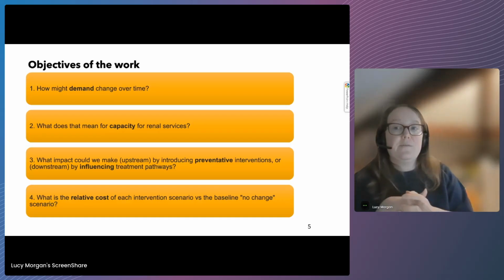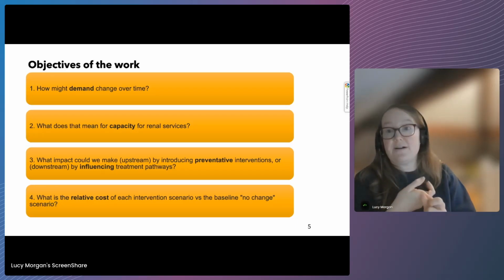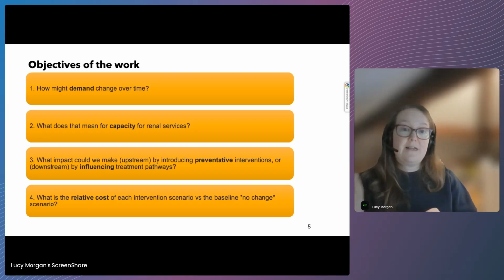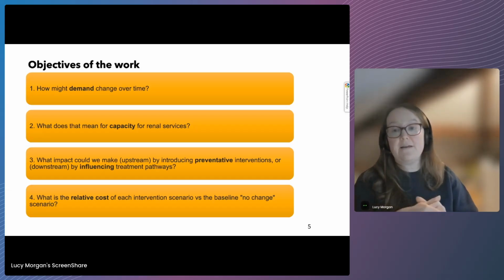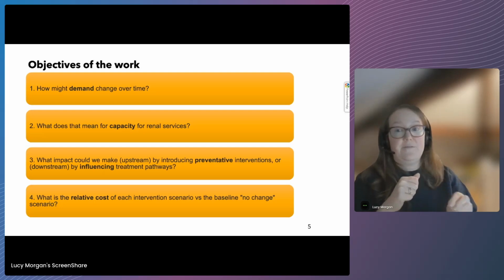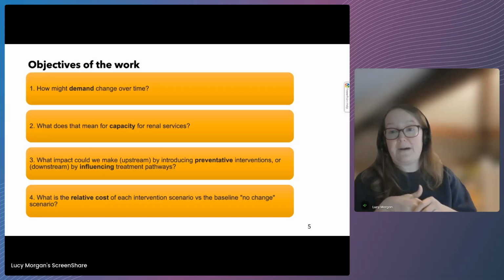Okay, so an umbrella of the objectives of what we were trying to do, and these have developed over time, were firstly to look at how demand is going to change over time for kidney replacement therapy, and what that means in terms of capacity. How can we influence that by looking at upstream interventions, so things in the chronic kidney disease pathway, and how can we influence it downstream also, so directly within the kidney replacement therapy pathways.